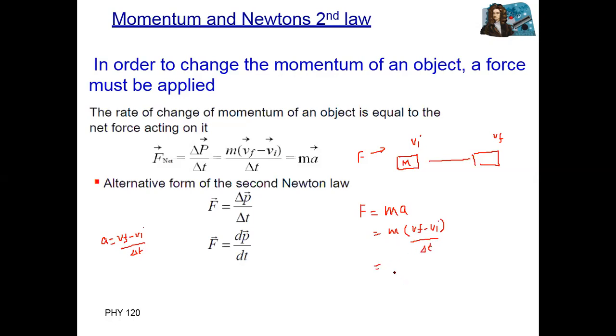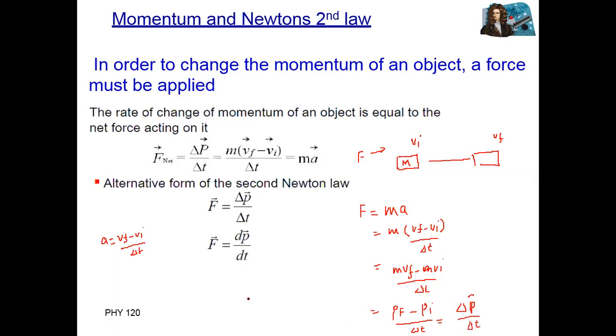This means m multiplied by vf minus m multiplied by vi, divided by del T. We know that mv is momentum, so this is the final momentum minus mvi, the initial momentum, divided by del T. Or we can write momentum final minus momentum initial as the change in momentum.